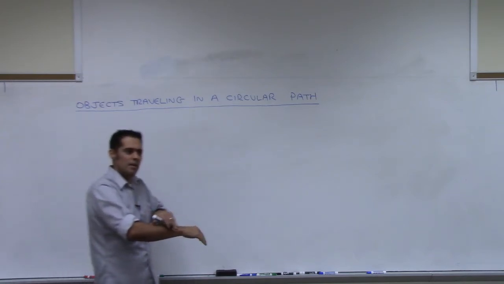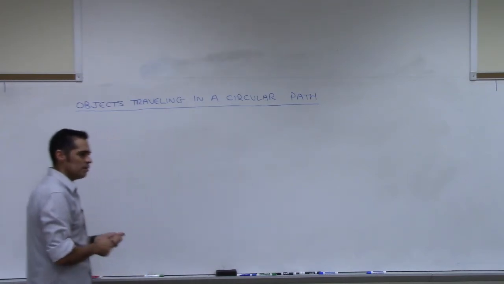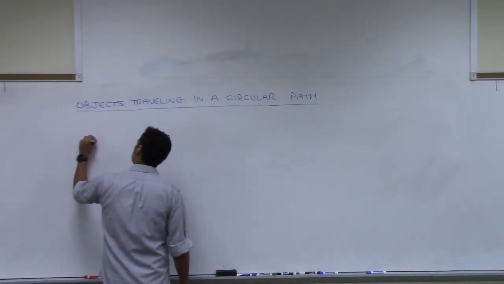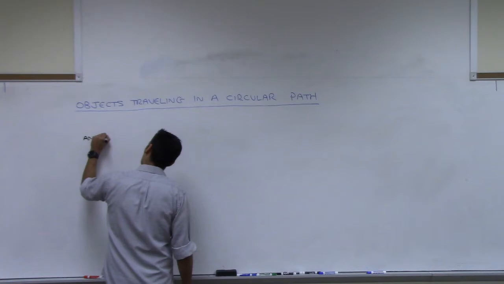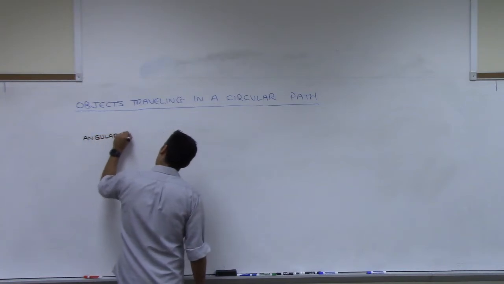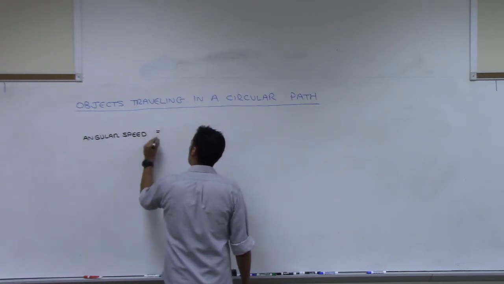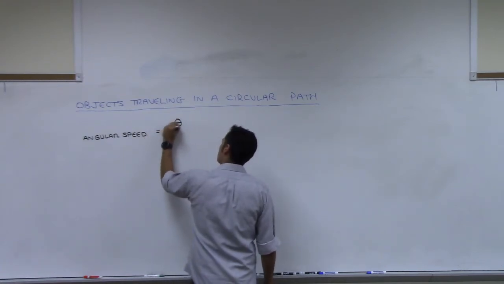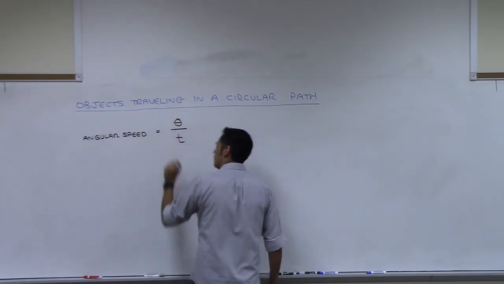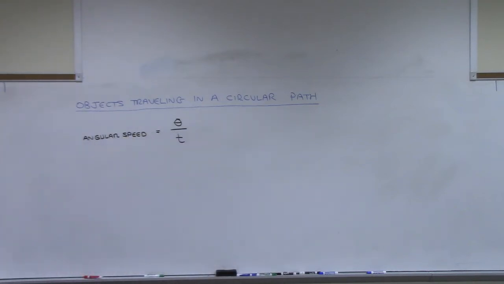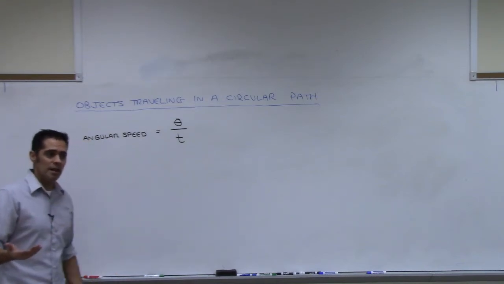So we need to have an understanding of how we could compute an angular speed. So angular speed is equal to theta over time. It's a very straightforward formula. It's the angle that you sweep through divided by how long it takes you to do it.